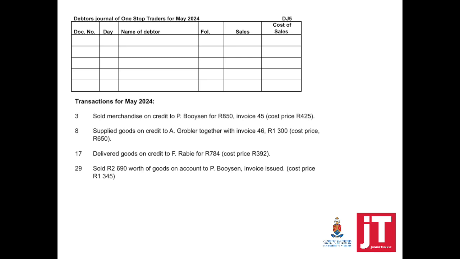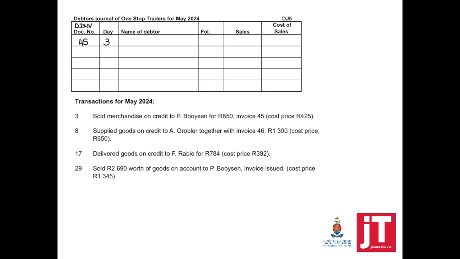The customer will get the original, the business keeps the duplicate, and that's why we indicate duplicate invoice. This is the only source document that will ever appear in the debtors journal, so we can write it only once, and then we start with the number. The number that was issued was number 45.